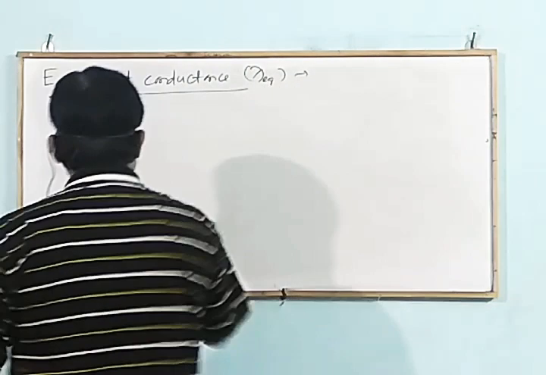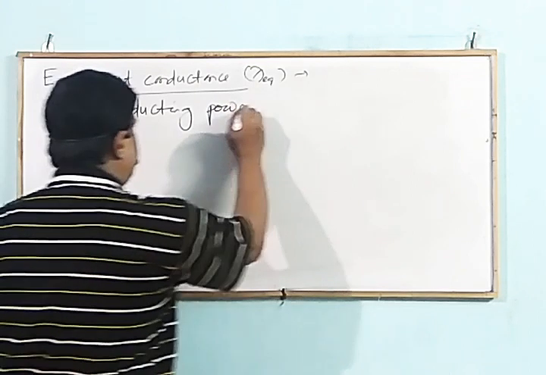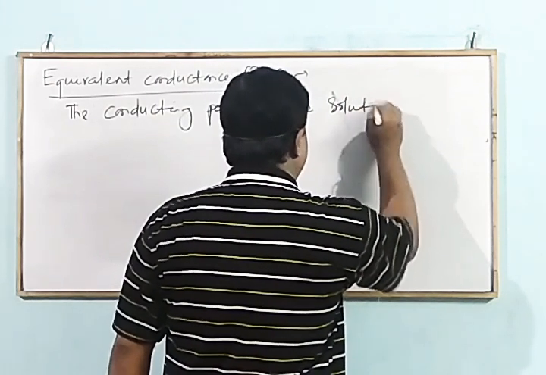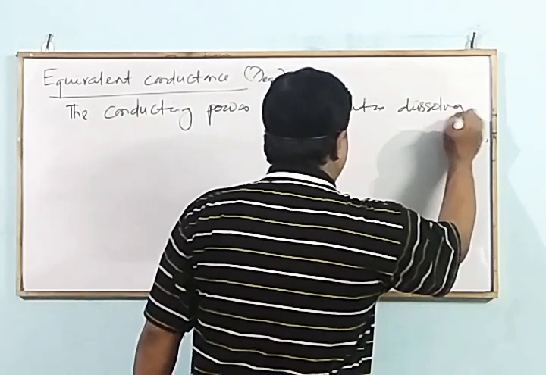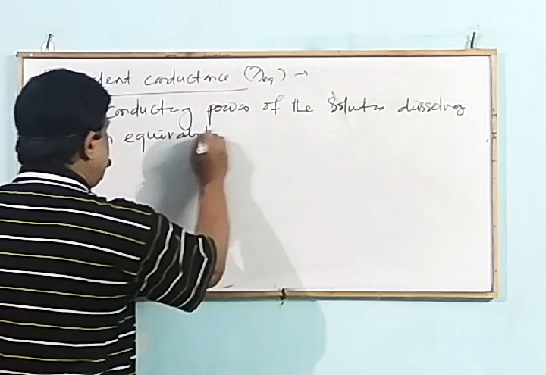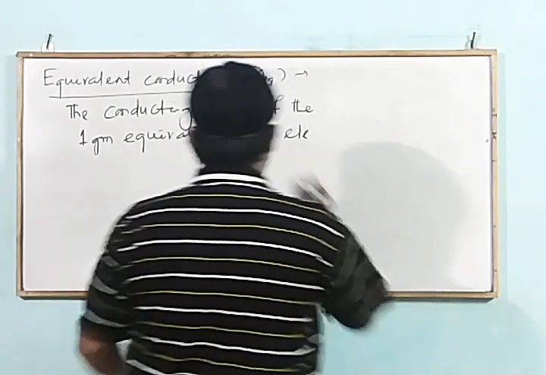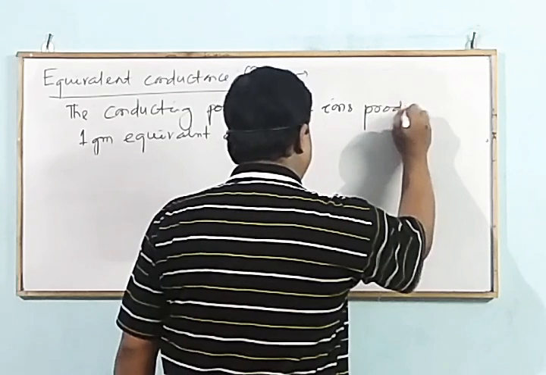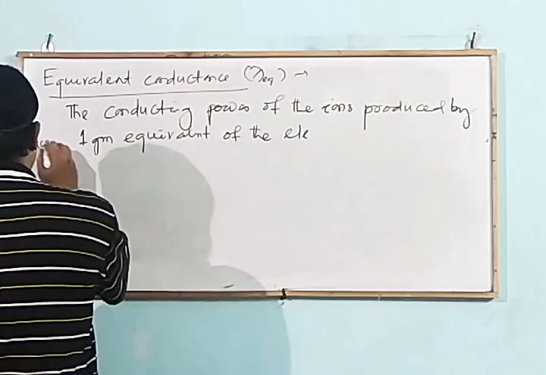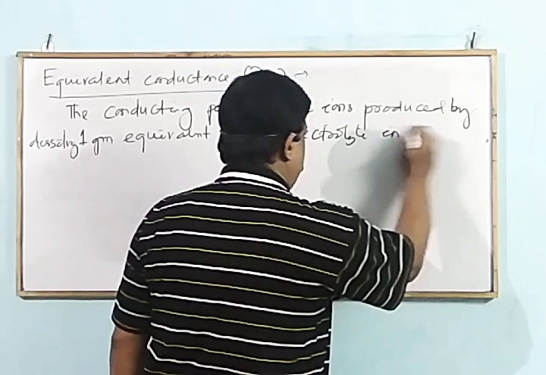I repeat again: it is defined as the conducting power of all the ions produced by dissolving 1 gram equivalent of the electrolyte in solution.